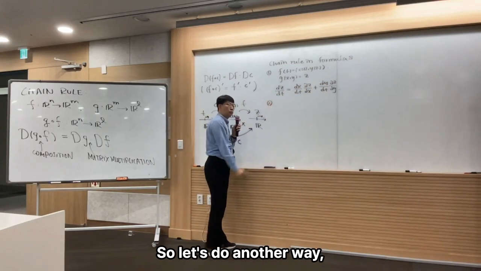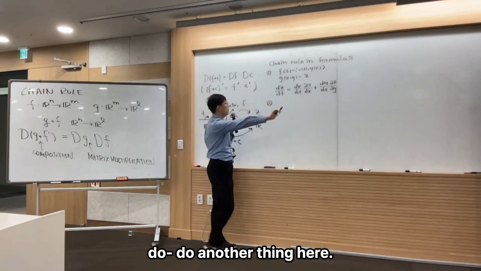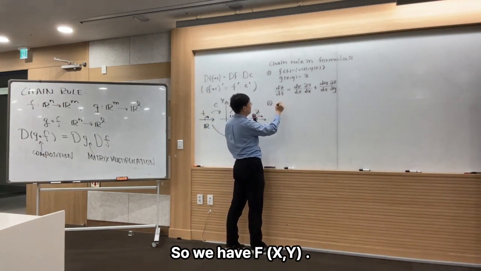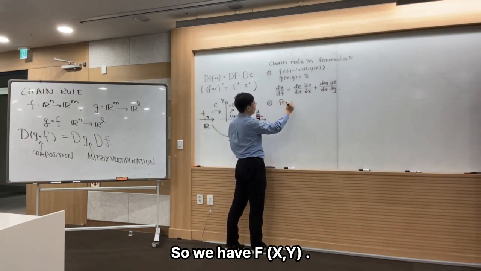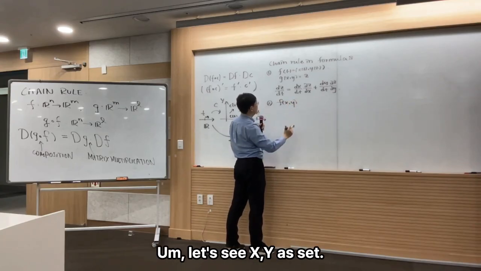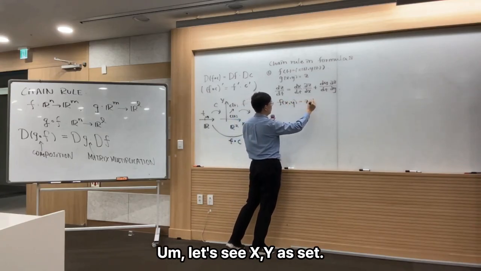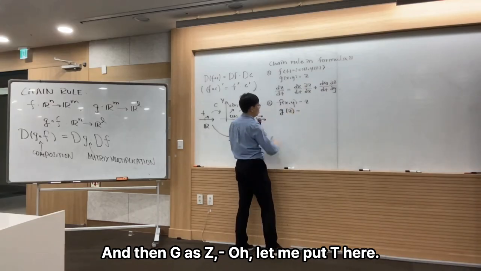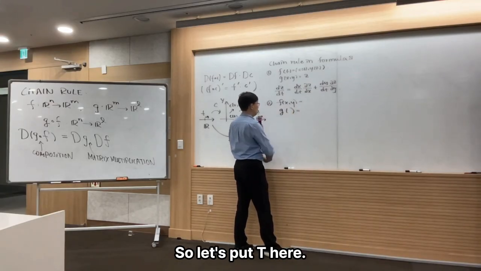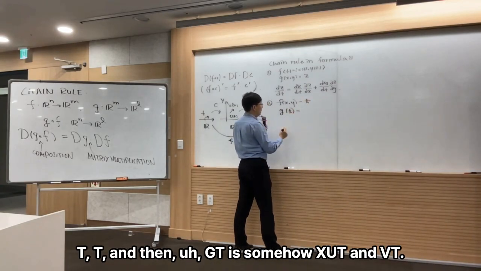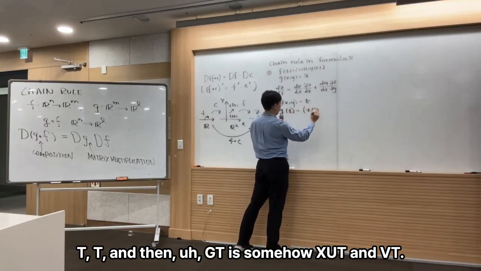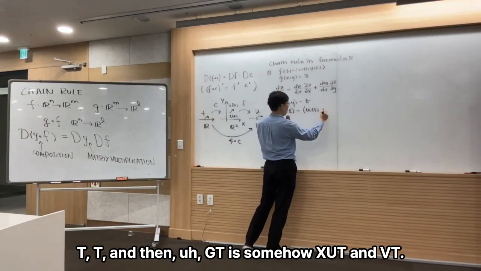So let's do another thing here. How about this one? So we have f of x comma y as z, and then g as z. Oh, let me put t here. So let's put t here, and then g of t is somehow x, u of t, and v of t.